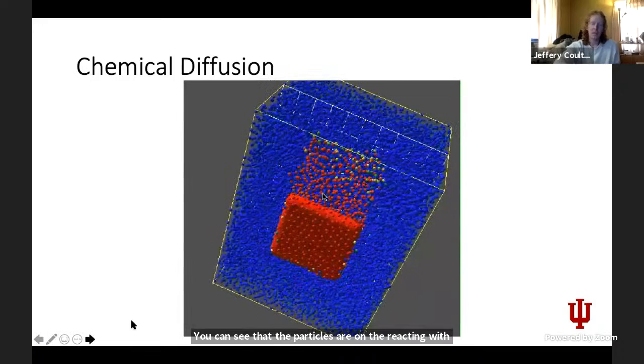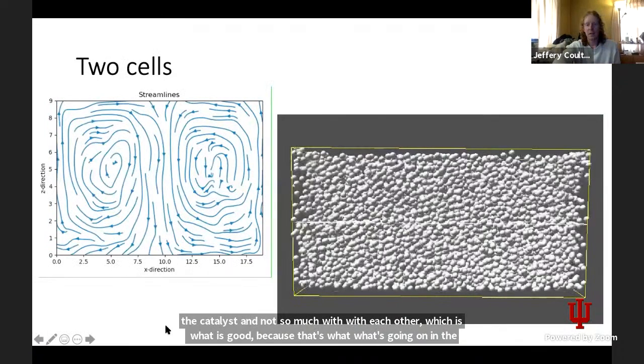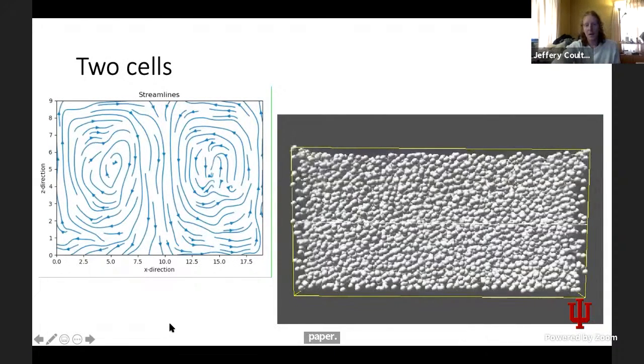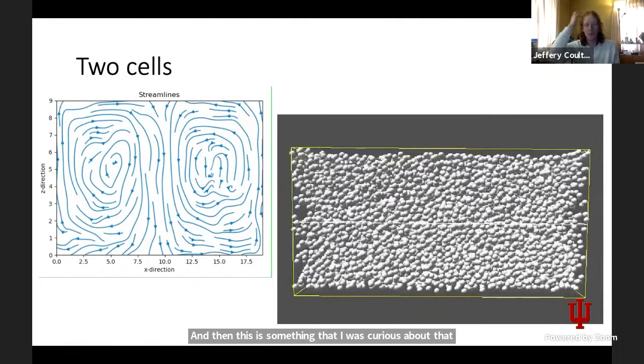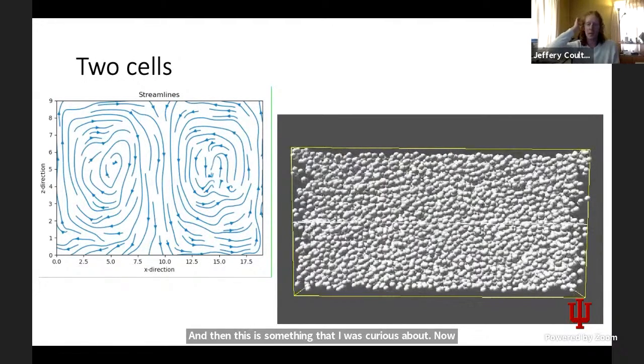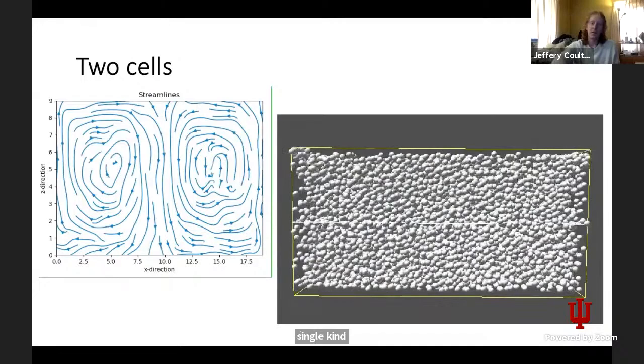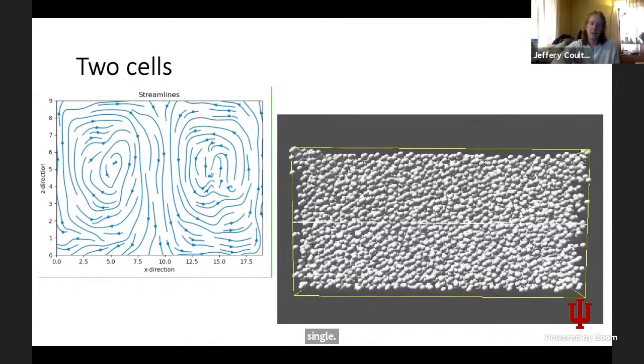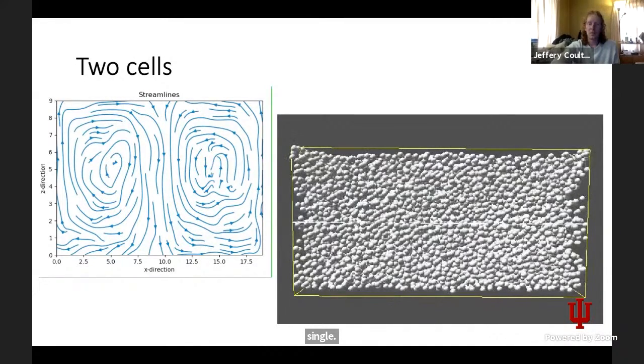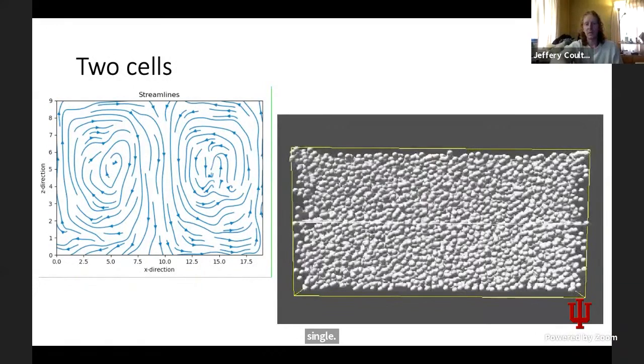And then this is something that I was curious about now that I have the single cavity working. I wondered if trying to do two would work, or if they would just kind of mash into each other.